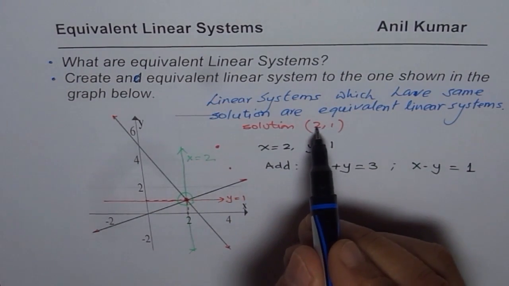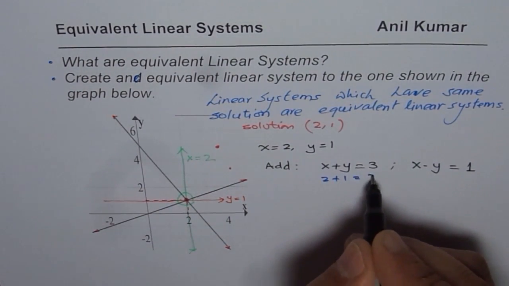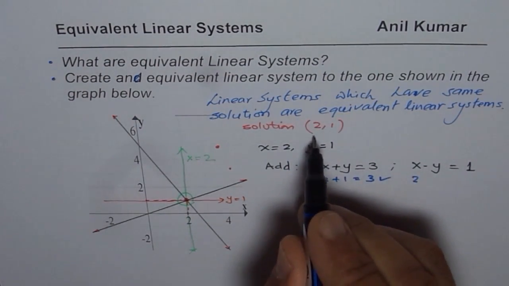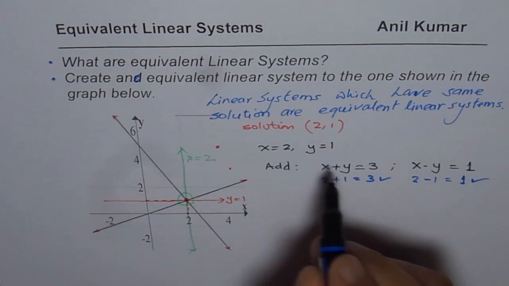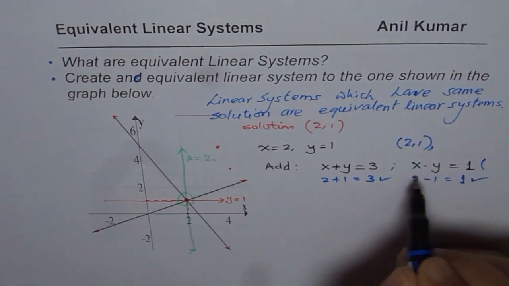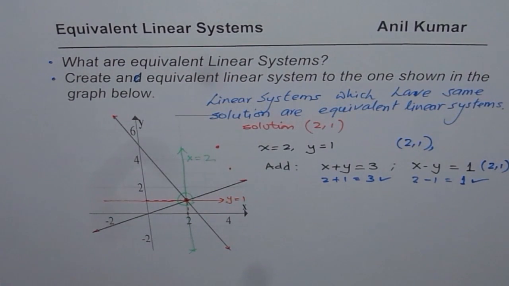If I substitute 2 for x and 1 for y, I get 2 plus 1 equals 3. It works, correct? Here also, if I substitute 2 for x and 1 for y, I get 1, so it works. So the solution for this system is also (2, 1), and the solution for the next system which I created is also (2, 1). Likewise, you can very easily create linear systems from the given solution or from the given linear system.